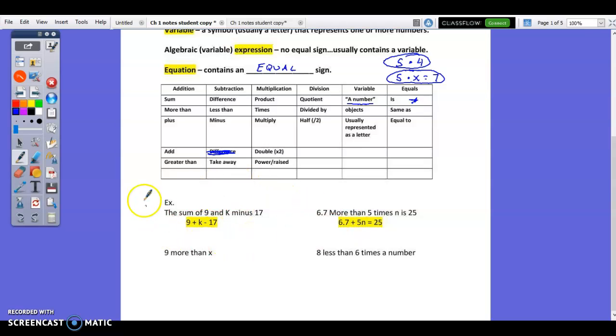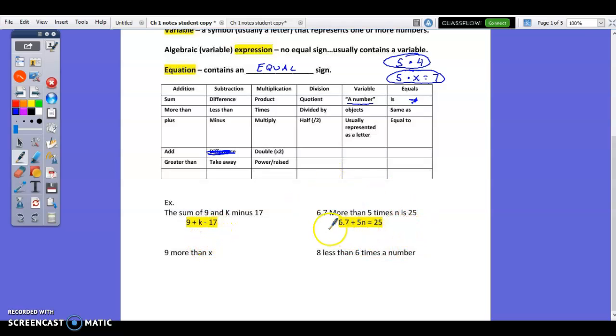So here's 2 examples. In this example it says the sum of 9 and k minus 17. So the sum of 9 and k means you're adding. So we have to find our words if you don't remember those. The sum of 9 and k, in this case k is a variable, and then we minus 17 from it. So we would write it as 9 plus k minus 17.